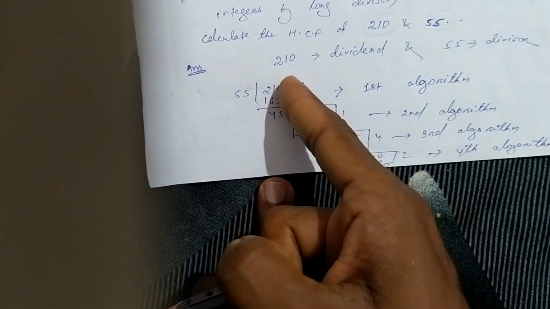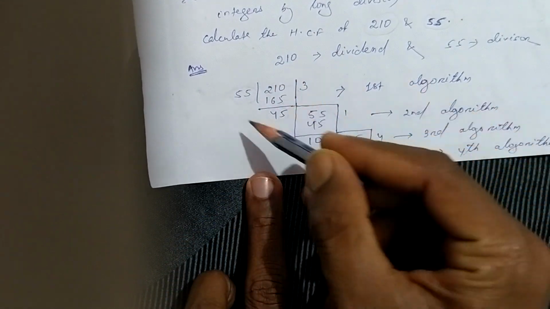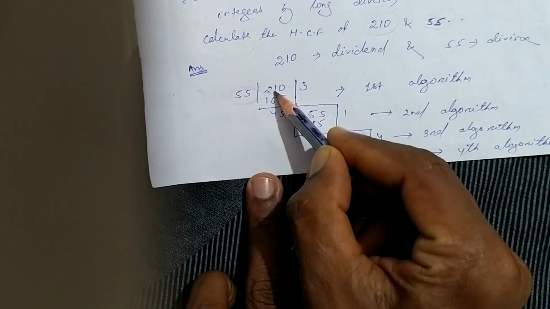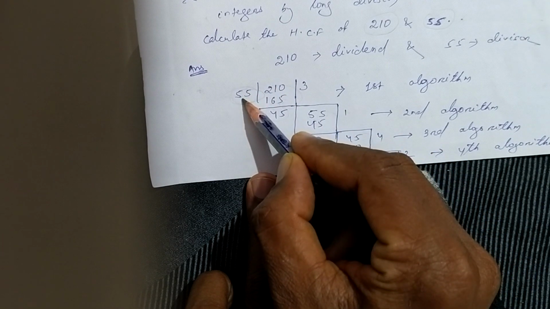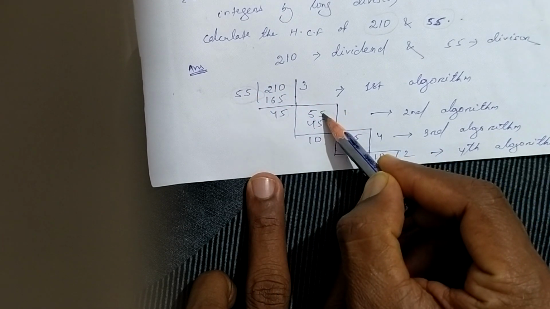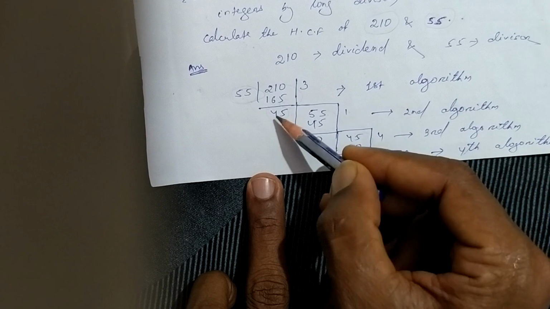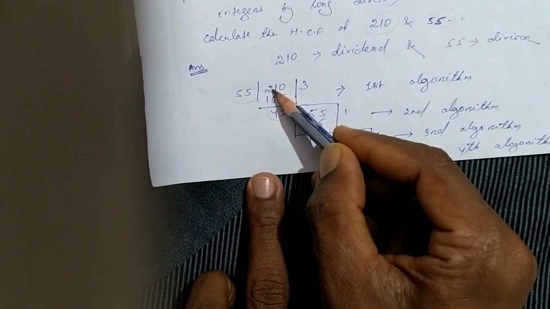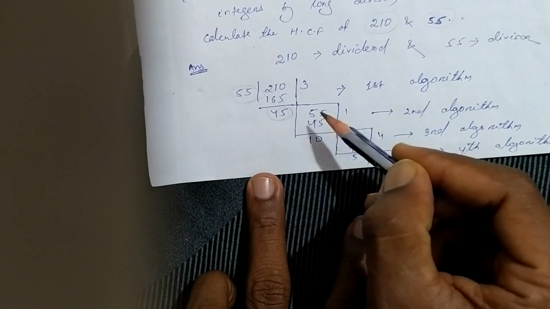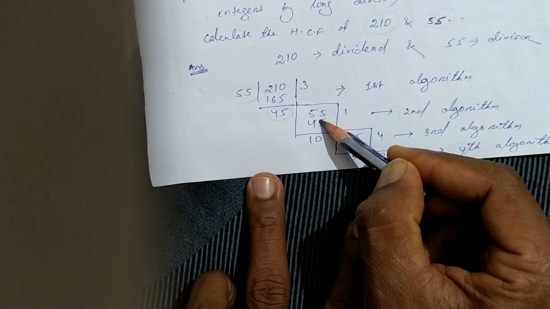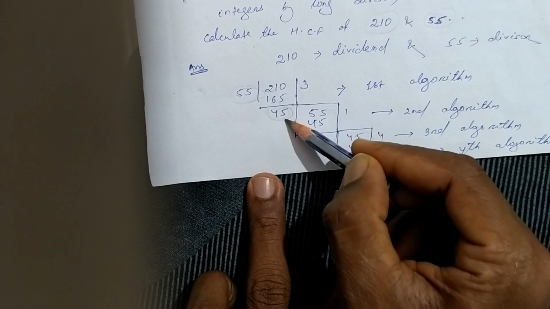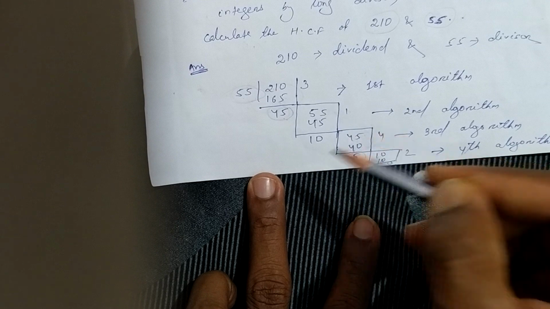Clear? In every step you are following the steps: you can see 55 is the divisor of the first step, and that 55 will be the dividend for the next step. Then 45 was the remainder for the first step, and 45 will be the divisor for the second step, but 45 is also the dividend for the third step.